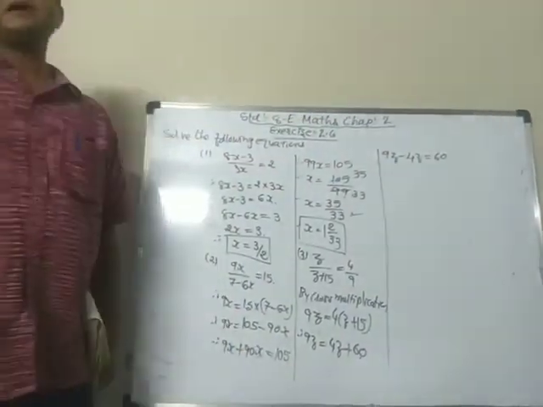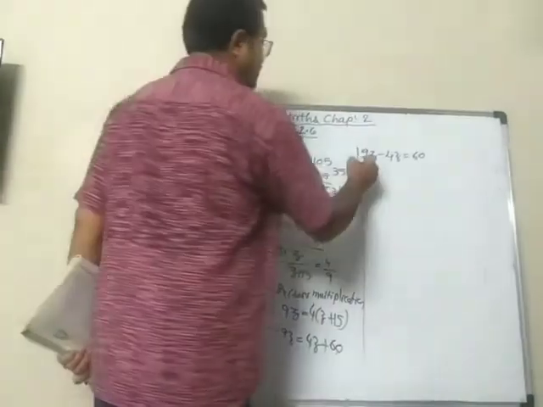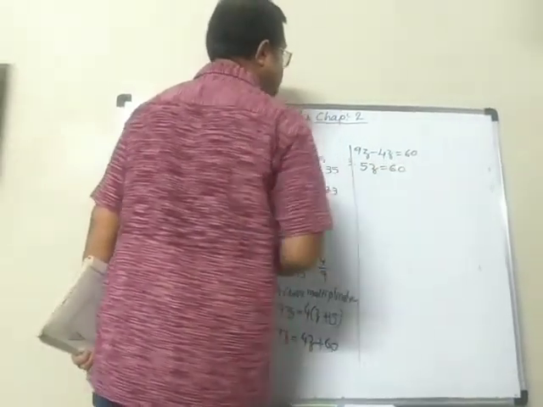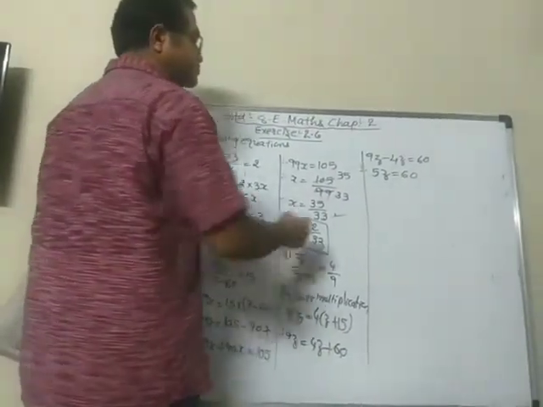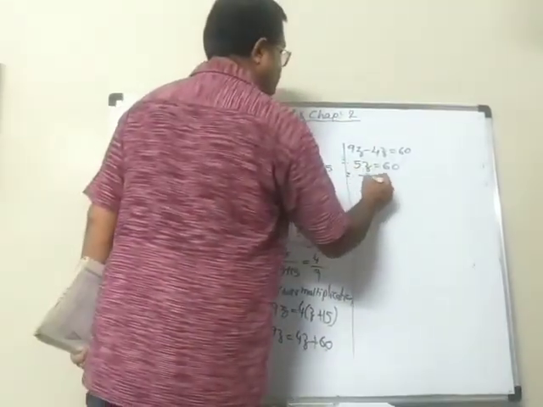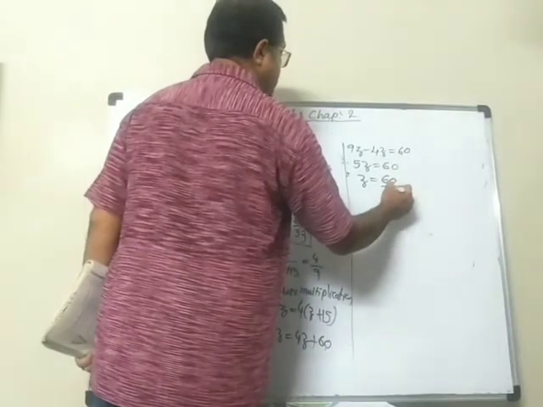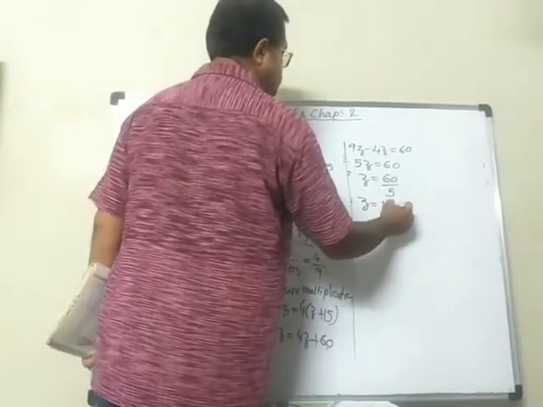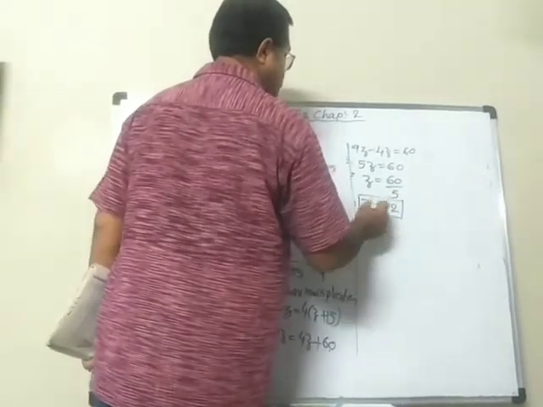Now 9Z minus 4Z, you know that it is 5Z. So 5Z is equal to 60. And therefore Z is equal to 60 upon 5. You know that 60 divided by 5 is 12. So our answer is 12.